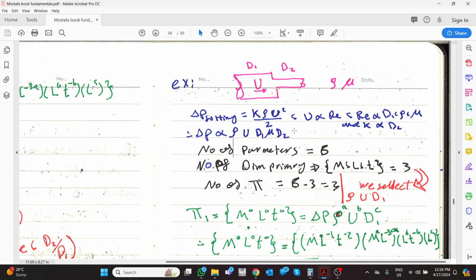Yes or no? There is no other rho. But here we have d1 and we have d2. You get my point. And u1, for example, and u2. So you will ask yourself: is u1 equal to u2 multiplied by a dimensionless number? From continuity, yes. And d1 and d2, yes, but we need to remove one and keep one.